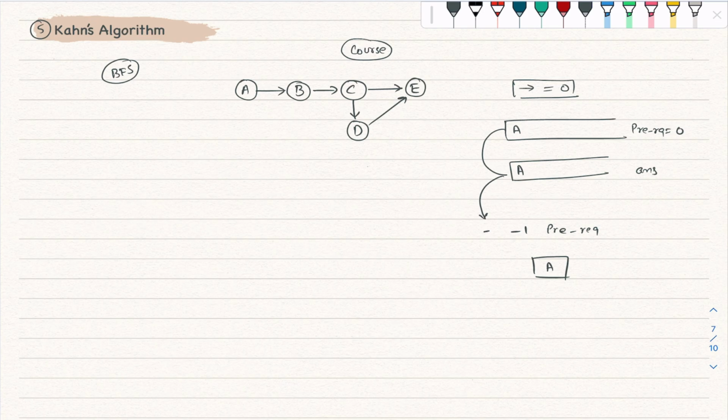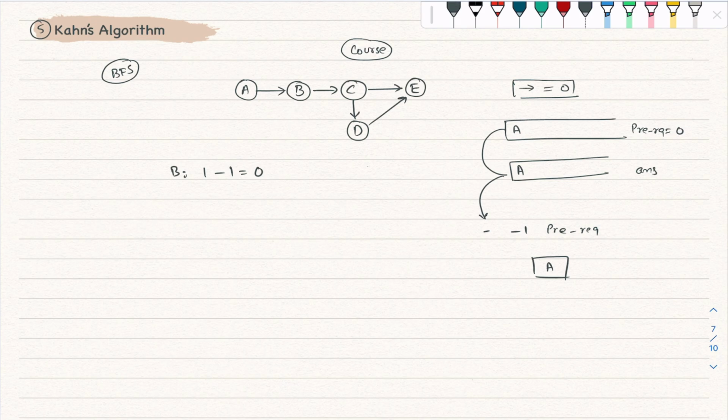We can see that B has A as its prerequisite, so it has 1, we decrement 1, and we find B has no prerequisite now. Any other subject which we can pick and start studying, we will put in our queue next.